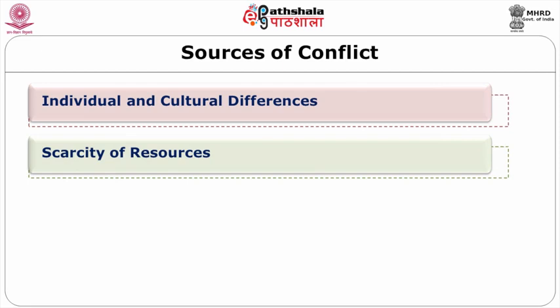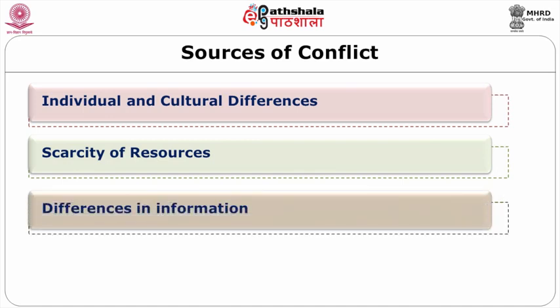Or we can see one more example. There is only one computer lab in a school and every batch or every standard student wants to use that computer lab. So which batch will be using that computer lab first? On that background also there can be conflict. So because of scarcity of resources, many times conflict happens in the society.